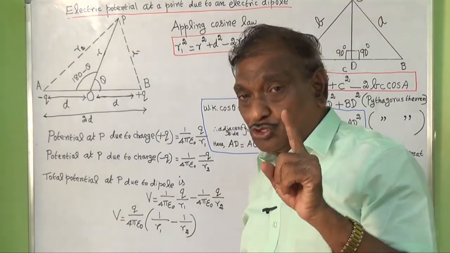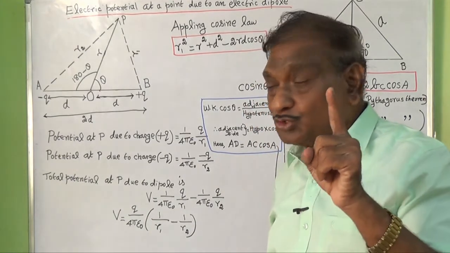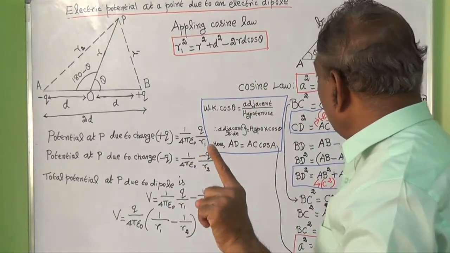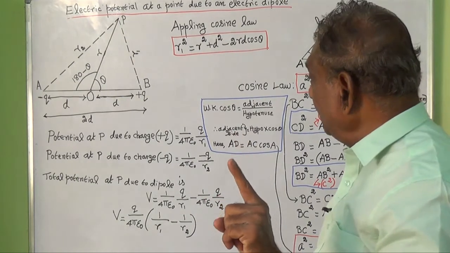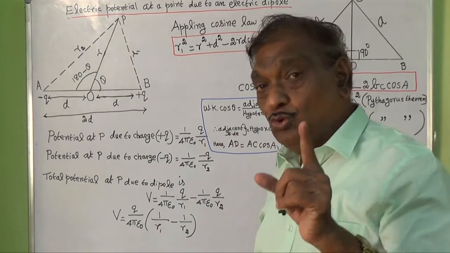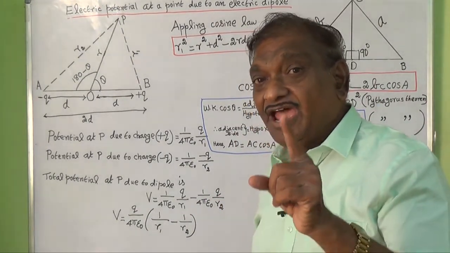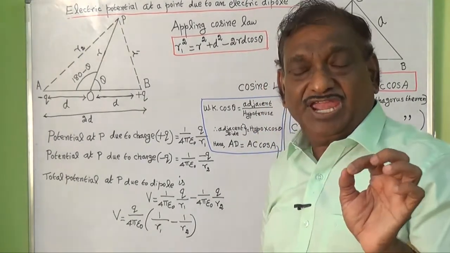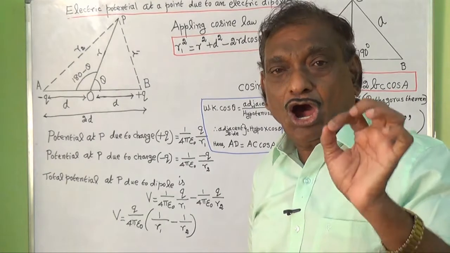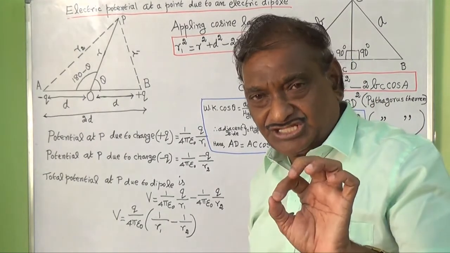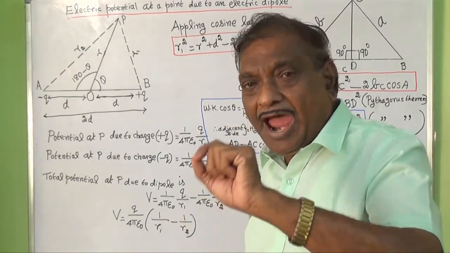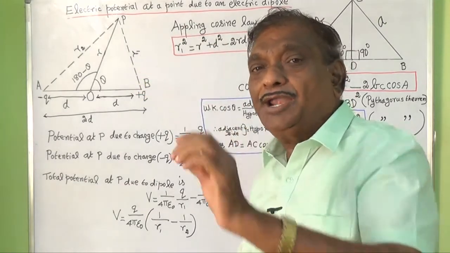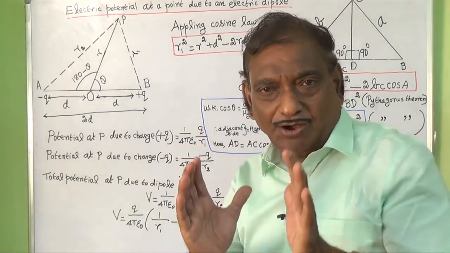As I already told, in order to find the distance R1, we need two distances and the angle between those two distances. We can find the distance R1, that is plus Q charge, and the point P on applying the cosine law.